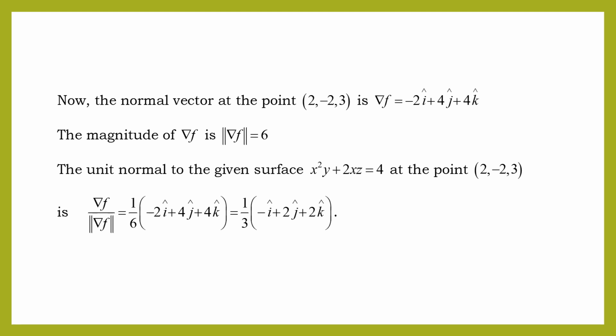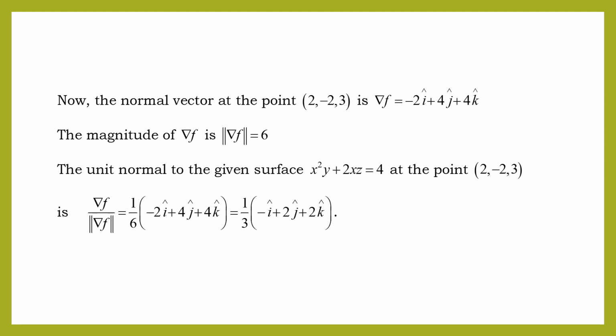So this value of del f divided by norm del f equals 1/6 times (−2i cap + 4j cap + 4k cap). If we take 2 outside, it cancels with the denominator 6 and we get the answer 1/3 times (−i cap + 2j cap + 2k cap).